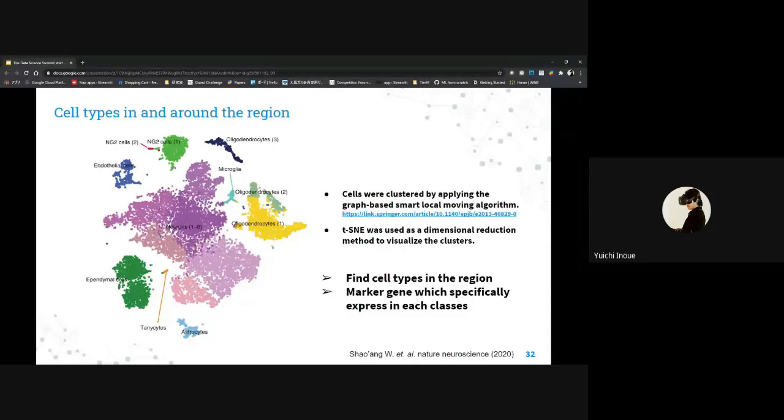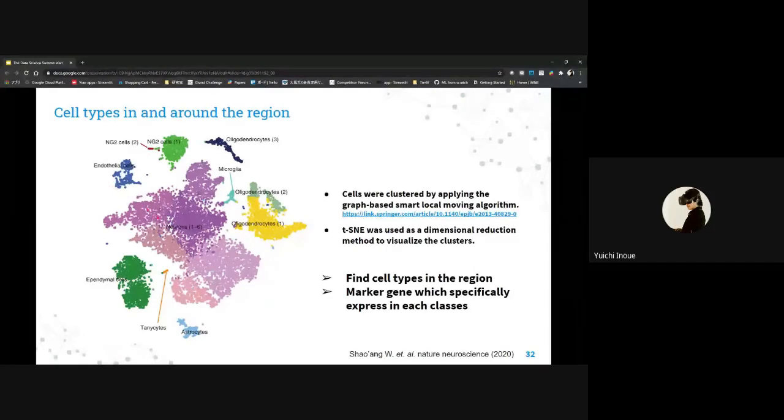In this way, we are able to find classes of cells like this. In addition, genes that are uniquely expressed in each group can be used as marker genes for other studies.